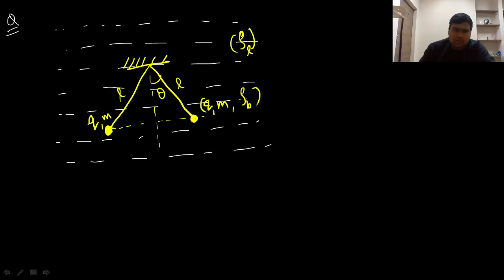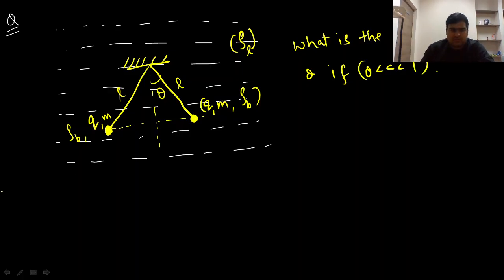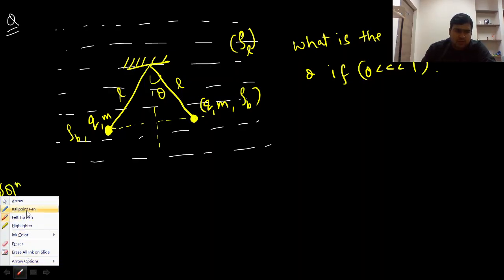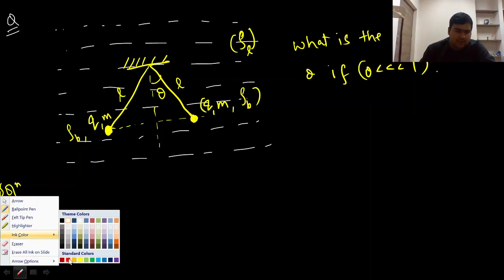So I'm asking you, what is the value of theta, if theta is very much less than 1? So this is my question to you. Just pause the video and solve it. If you are not able to solve it, just wait and watch.